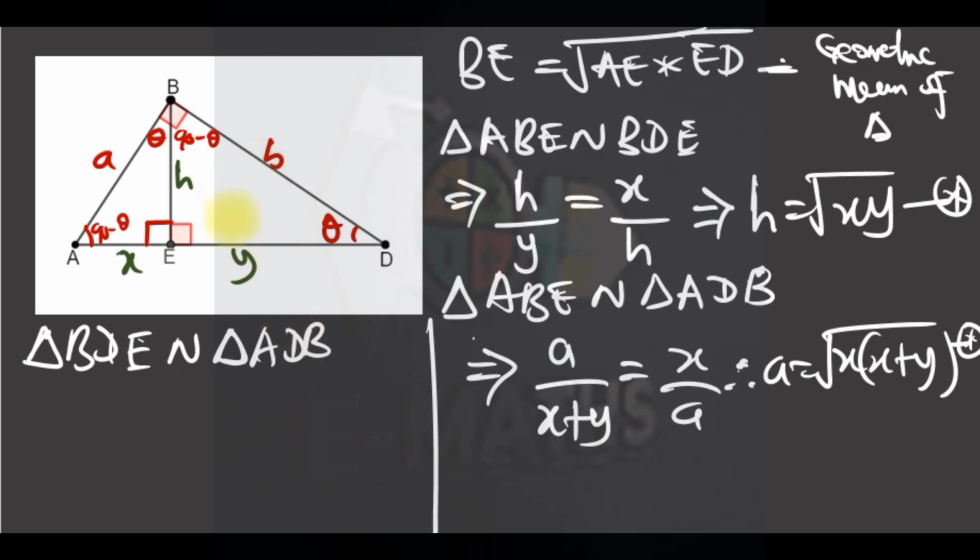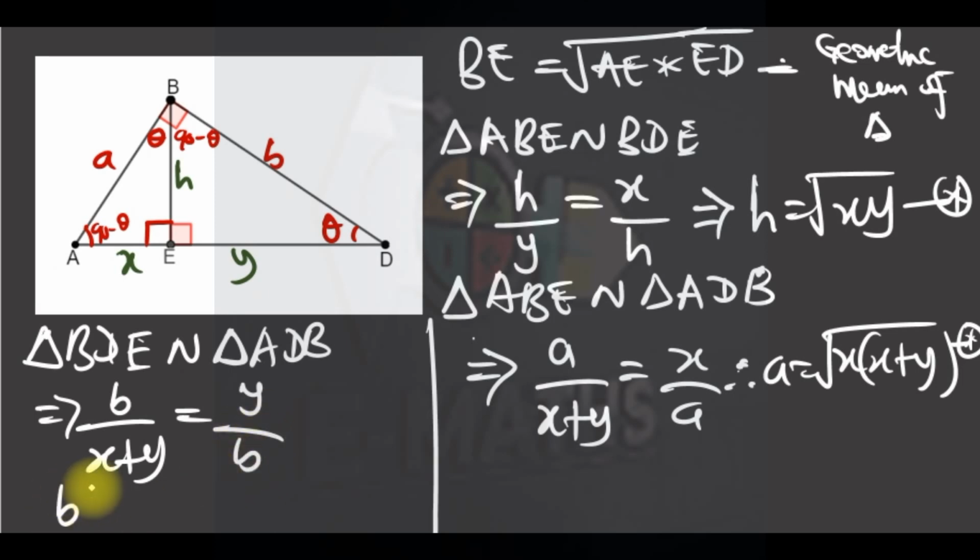We're comparing this one with the large one again, which implies that B over X plus Y is equal to Y over B. B of this one is opposite 90, and X plus Y of the large one is opposite 90. Therefore, B is the square root of Y times X plus Y. So that's the third geometric mean. So we have 1, 2, 3. These are the formulas.